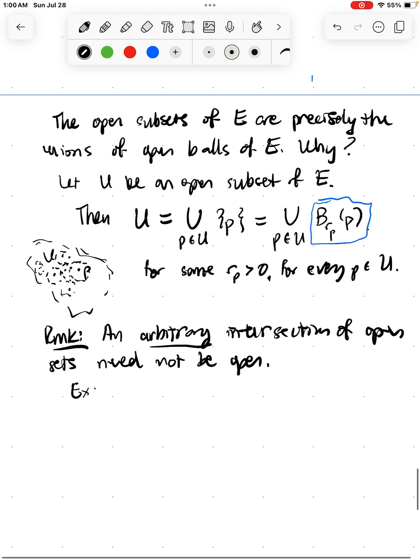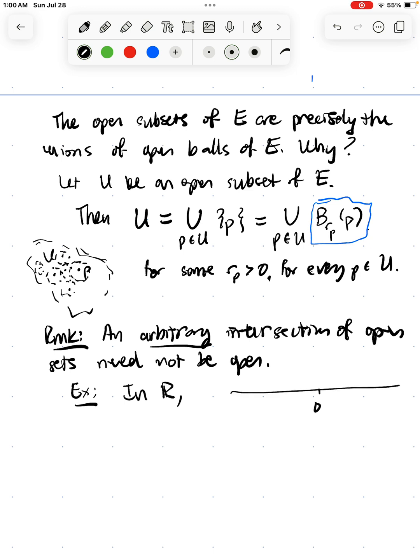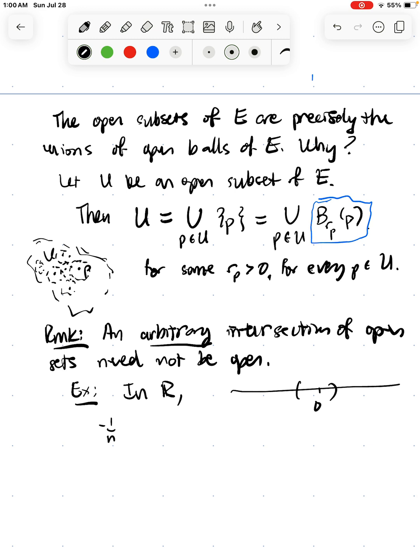So for example, if you take in R, so here's R, here's 0, and let's say you take a bunch of intervals of radius 1 over n, so this interval from negative 1 over n to 1 over n, and then take the intersection of these for all n being positive integers, I claim this is just the number 0.